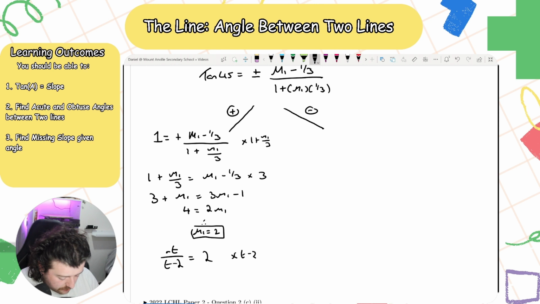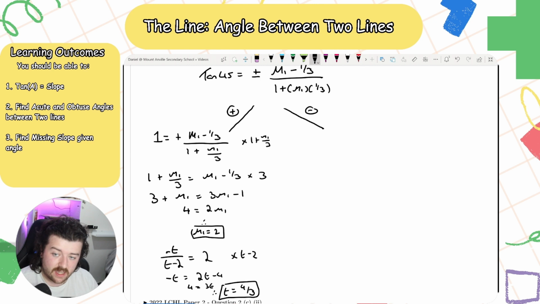Multiply both sides by t minus 2. Minus t is going to be equal to 2t minus 4. Bring everything over to one side. 4 is equal to 3t. Therefore, t is going to be equal to 4 over 3. I have my first value of t here.